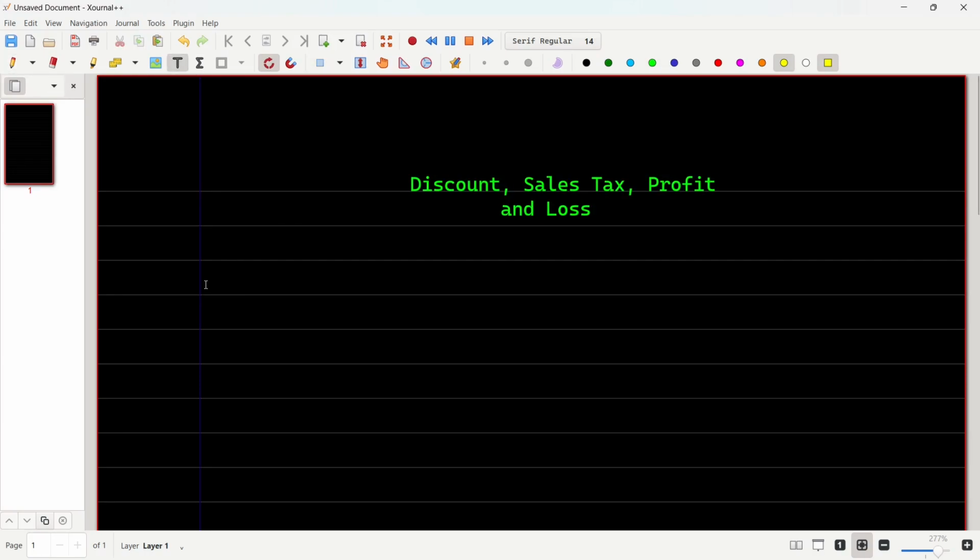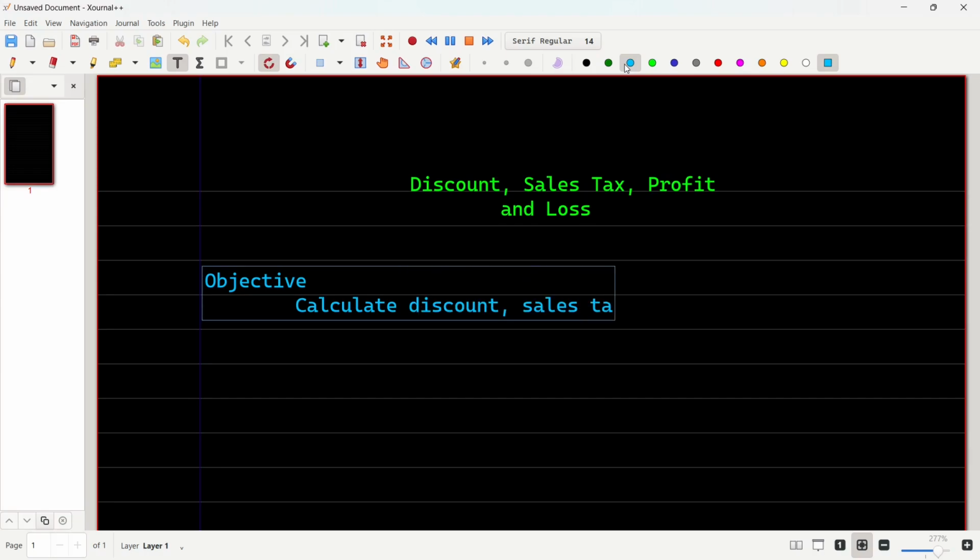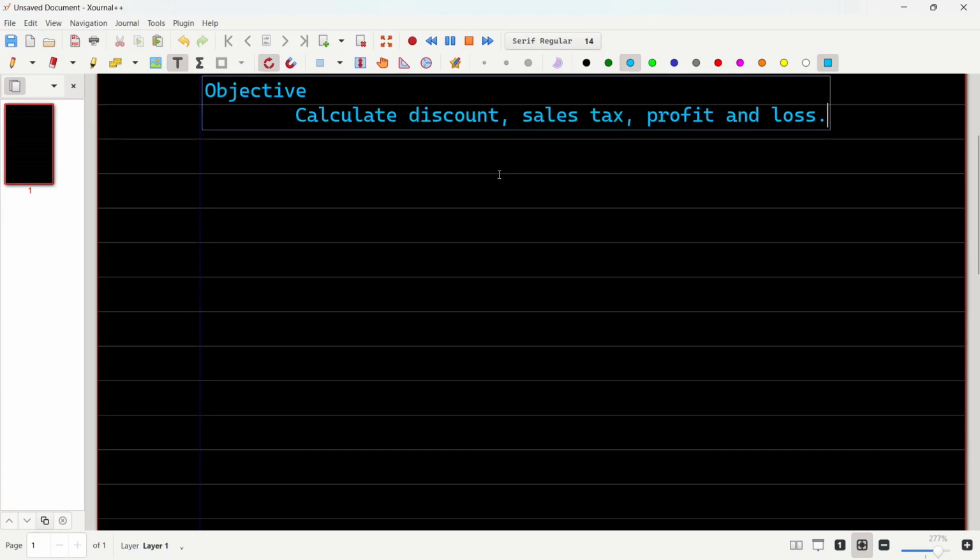And the objective is as follows. We're required to calculate discount, sales tax, profit, and loss. All right, so let's start with the first one, which is to calculate discount.